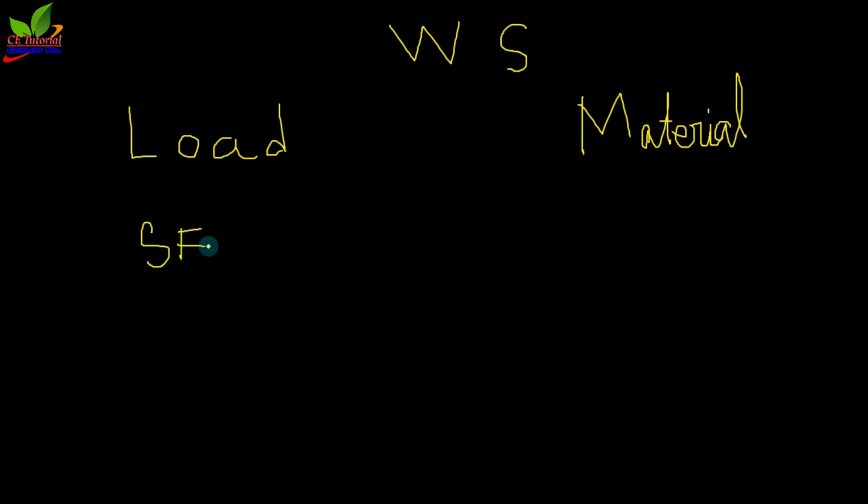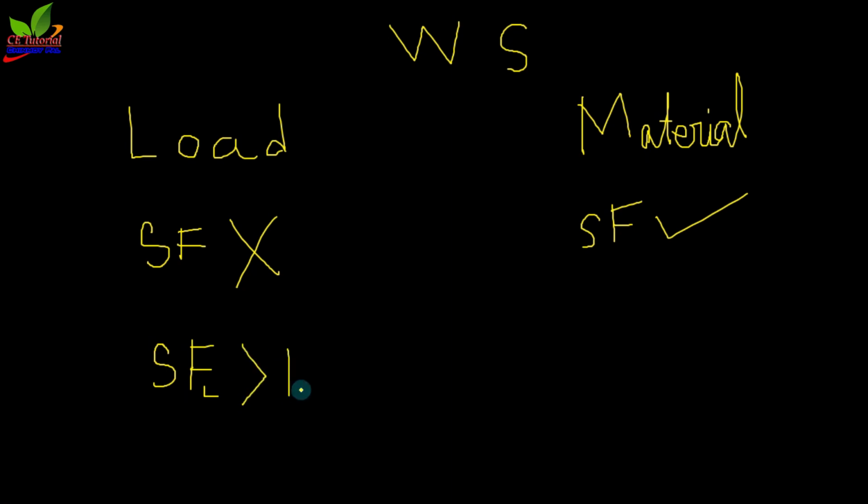So there is no safety factor for load, and we are applying the safety factor here for material. And always the safety factor of load is greater than 1, and the safety factor for material is always less than 1.